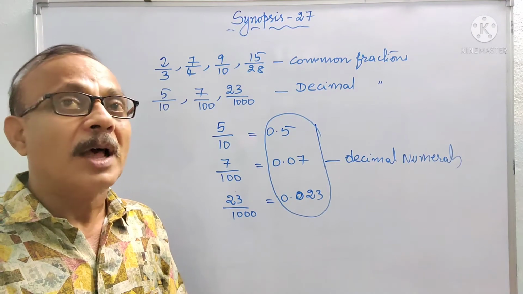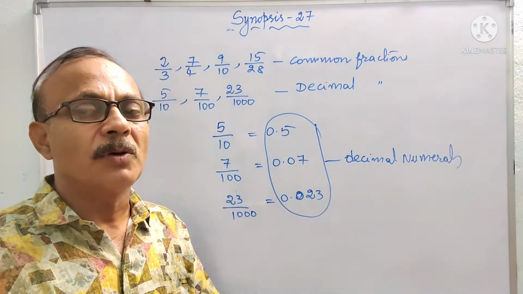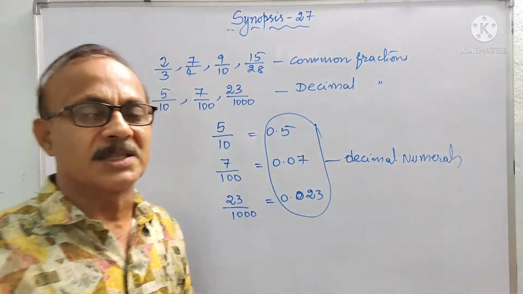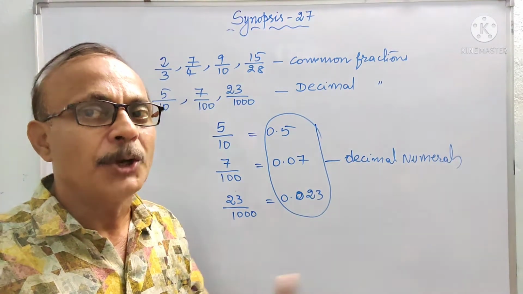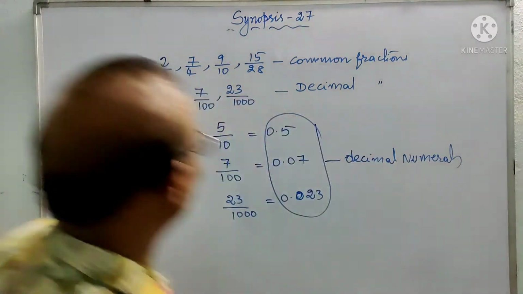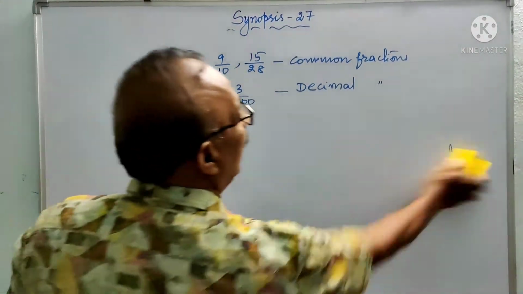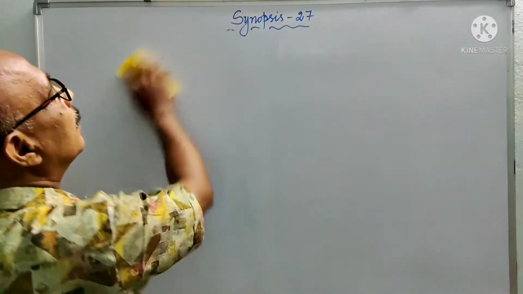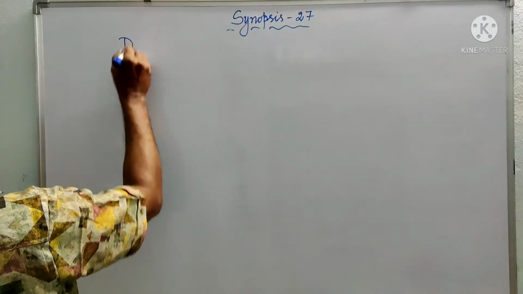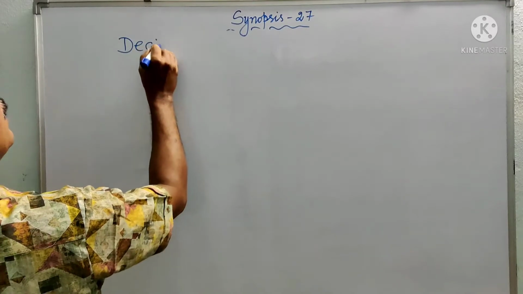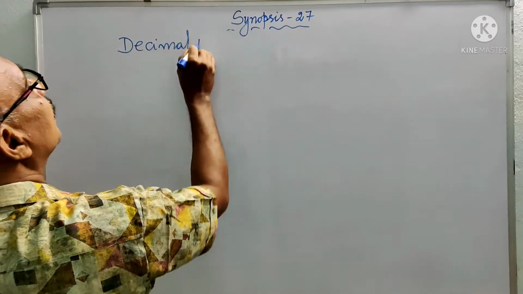Now, what are the different place values we have in decimal numerals? Now, let us see. This synopsis is all about decimal numerals.